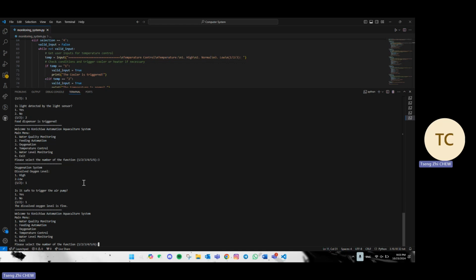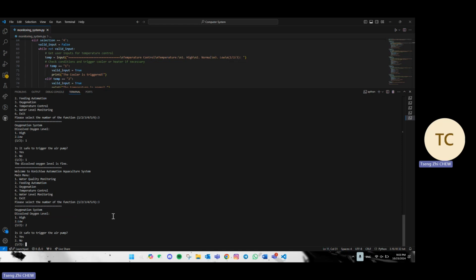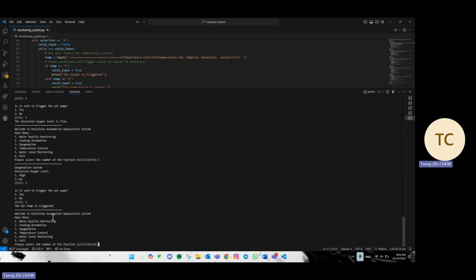Okay, so as you can see, the dissolved oxygen level is fine due to the high oxygen level, but if the oxygen level is low and when it is safe to trigger the air pump, then the air pump will be triggered.